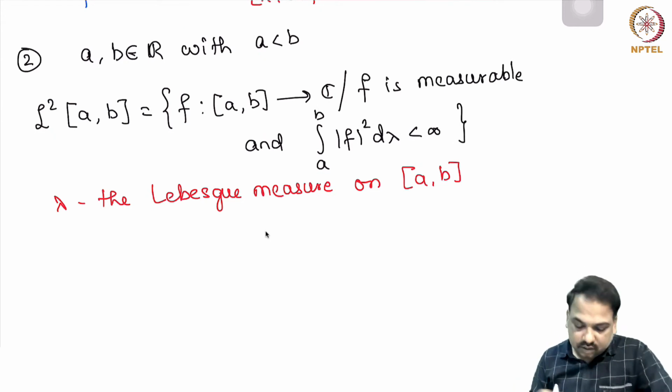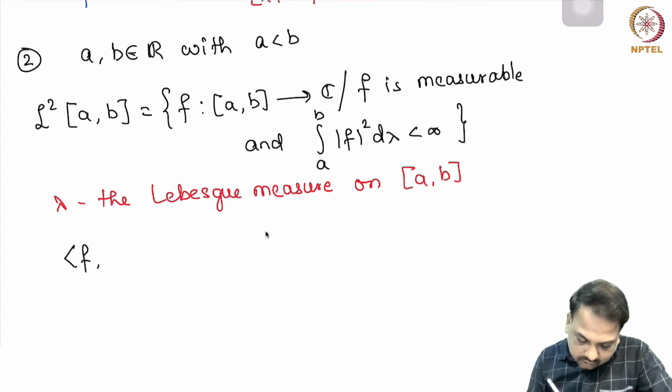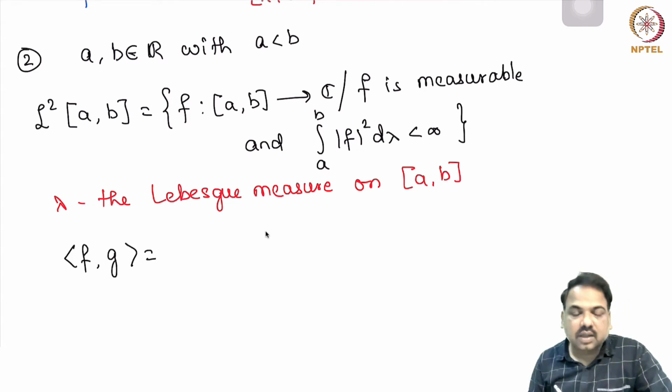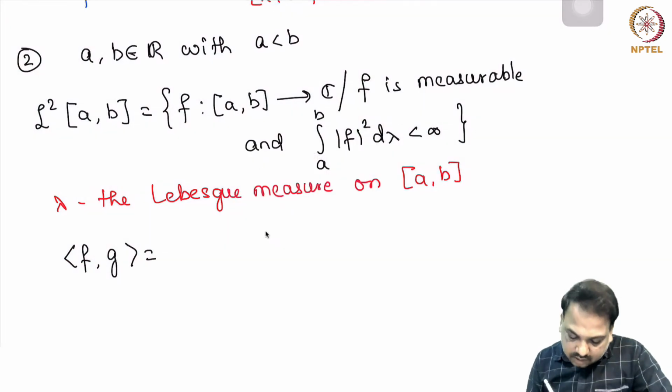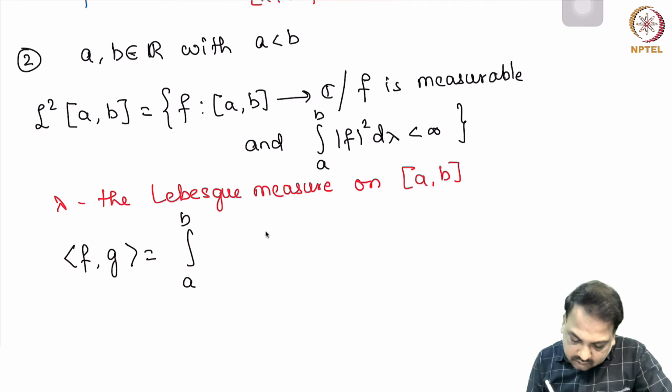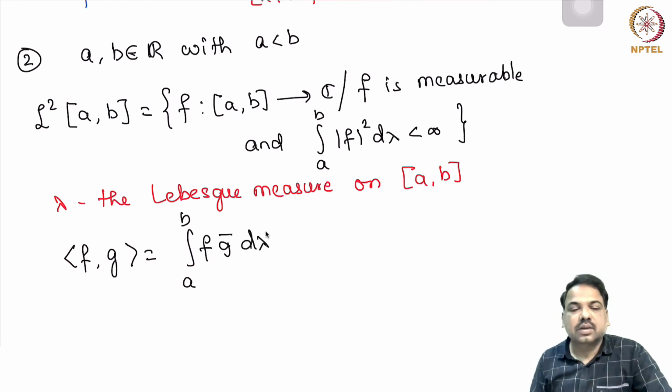Okay, now here we define the semi-inner product like this for any f and g coming from script L2[a, b]. We can say that this is the integral from a to b of f g bar d lambda.